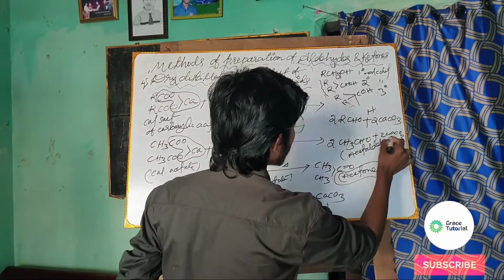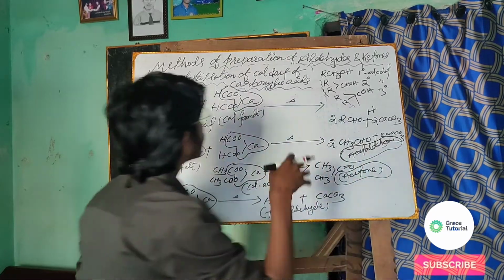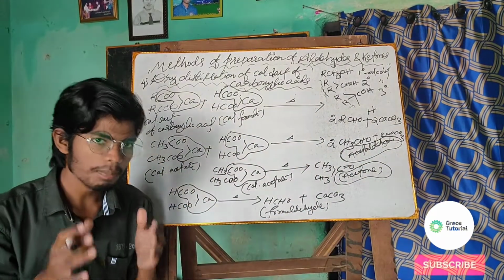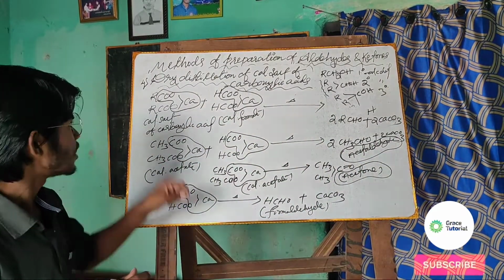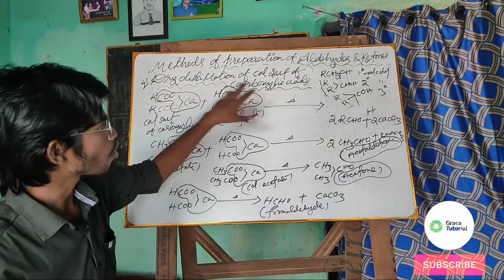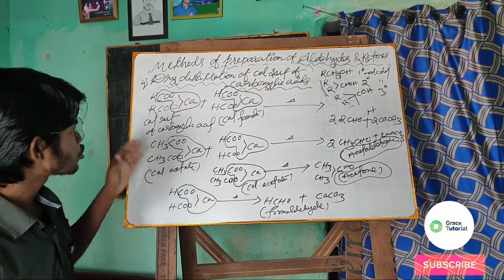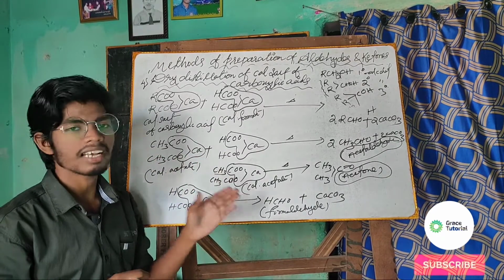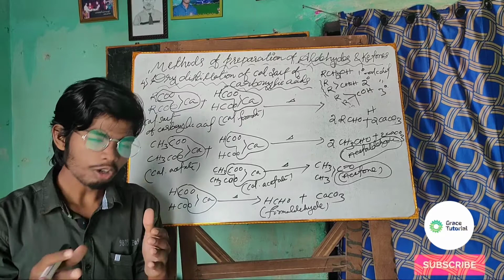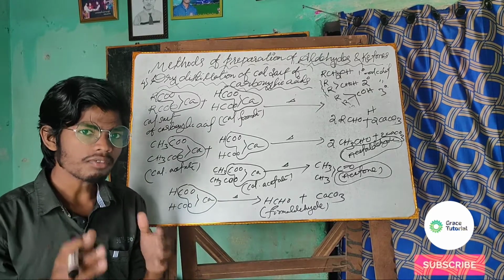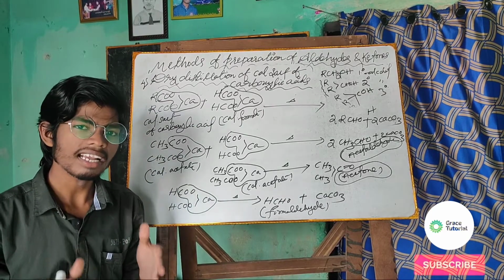Acetaldehyde results. So this is what you need to remember from this method for the preparation of aldehydes as well as ketones, that is by dry distillation of the calcium salt of carboxylic acids. And this is all about the 4th method for the preparation of aldehydes and ketones. Now we will discuss the 5th method of the preparation of aldehydes and ketones.